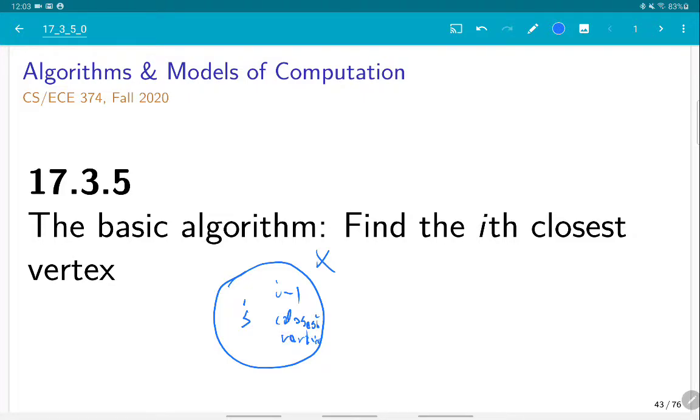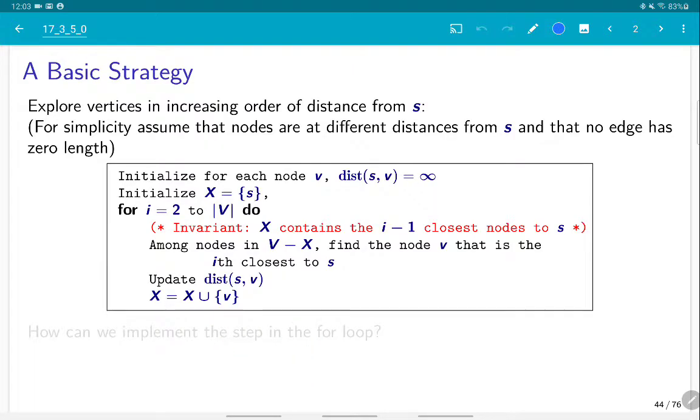Like in the idea of this flooding, once we decided that we know the distance to a vertex, its distance is fixed, it's joined this occupied set, and it's out of the game, right? So now the question is, of course, to find the next vertex, the vertex that is the ith closest among all the vertices in the graph to the source vertex S, and the question is how to do that.